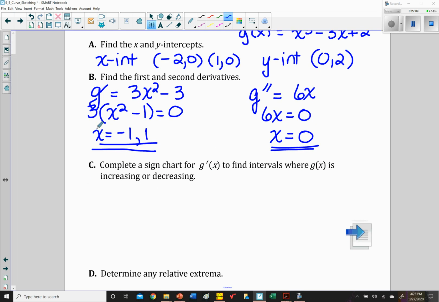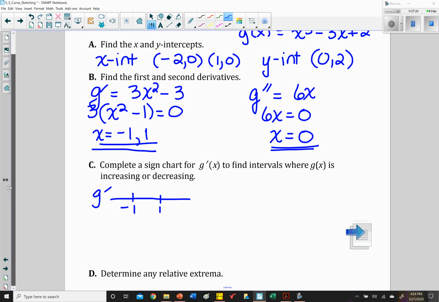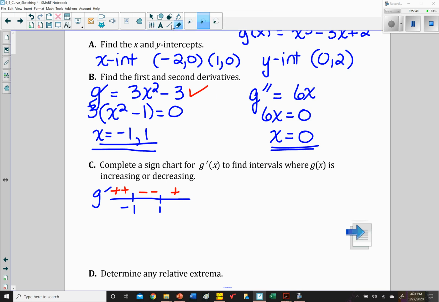Then complete a sign chart. So G prime sign chart at -1 and 1. And our function, think about it, it's a polynomial, so the domain is all reals. And substituting numbers into our first derivative here, we have positive, and then negative, and then positive. These are zeros.